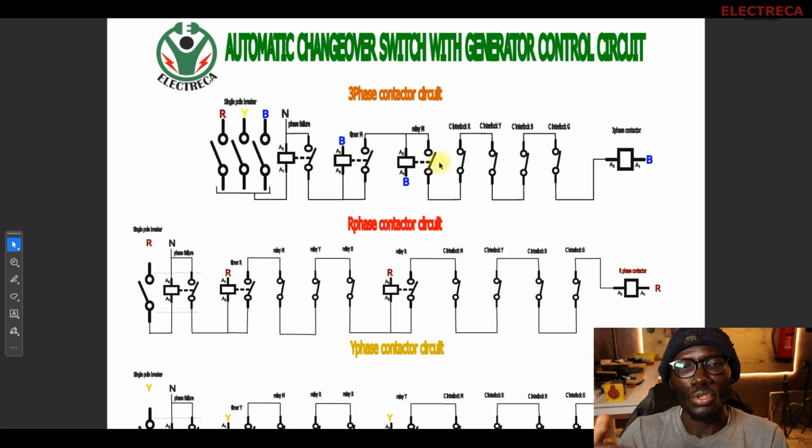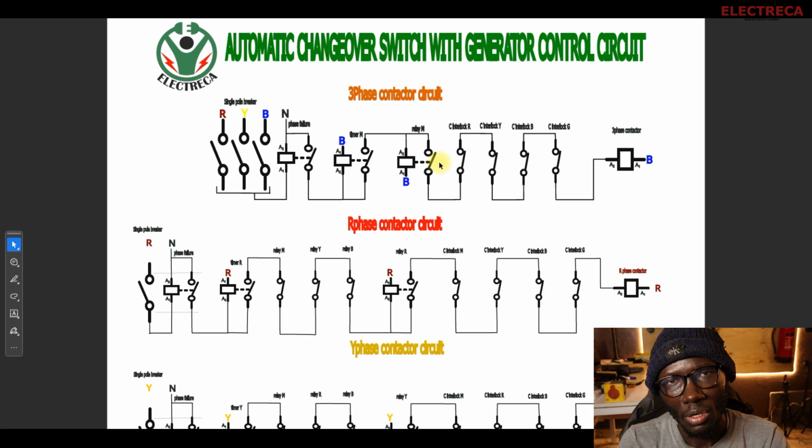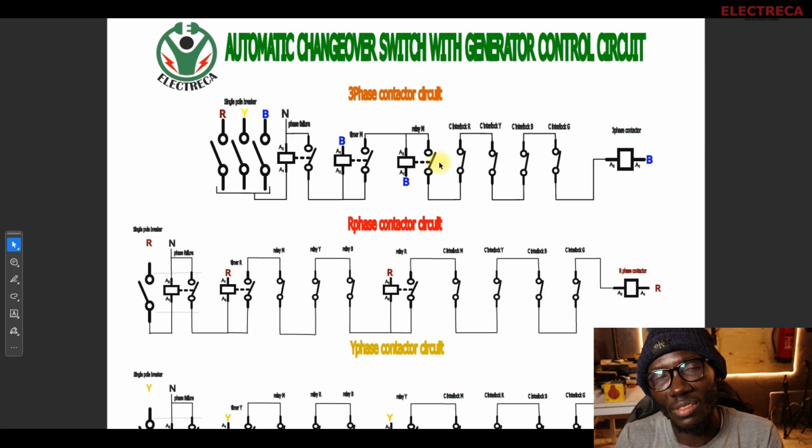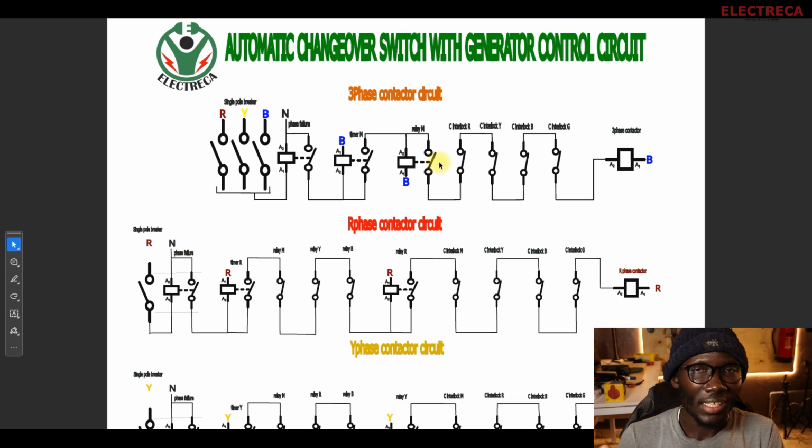So you have 3 commons, and then you have 6 contacts on the other side, of which you're only going to use 3, which will correspond with what you want, either close or open. So that means if you have an 11-pin relay, those are 3 contacts.